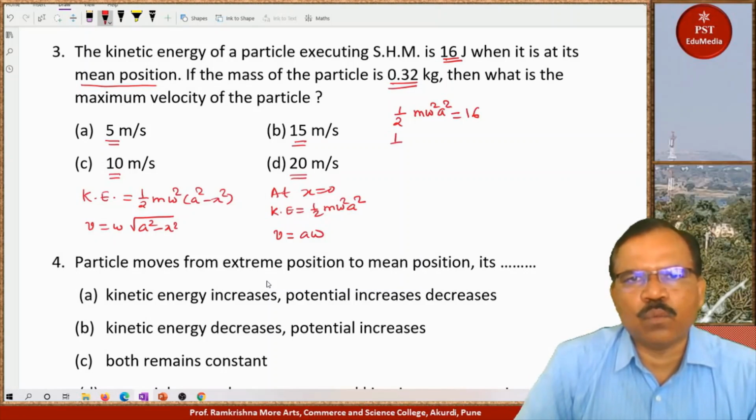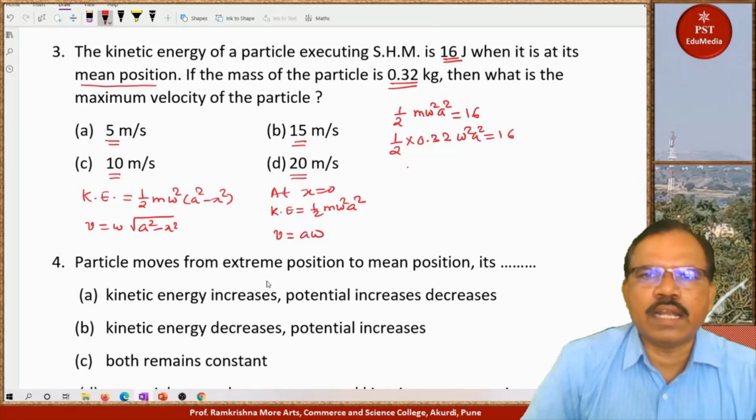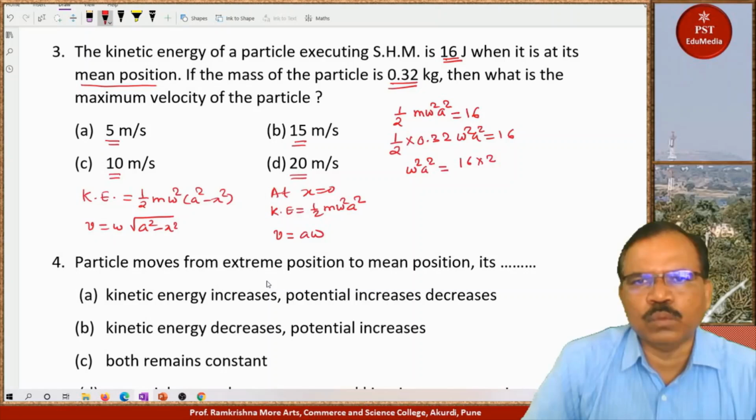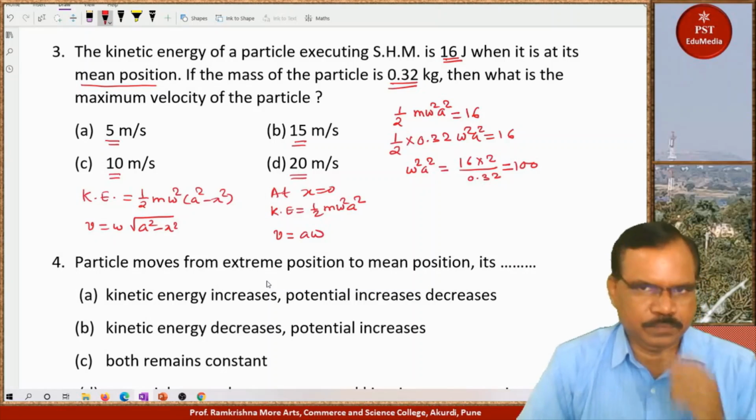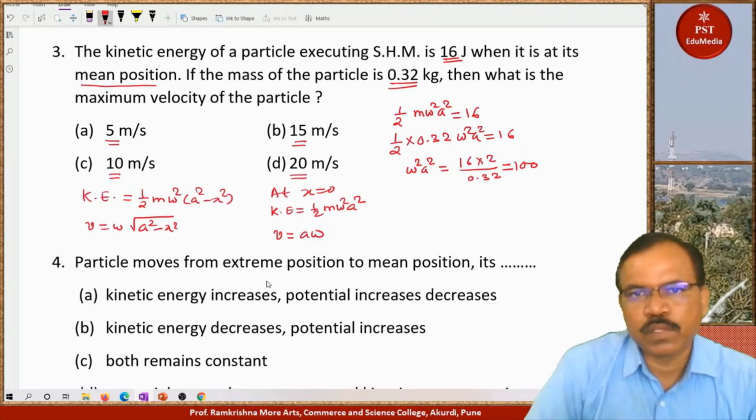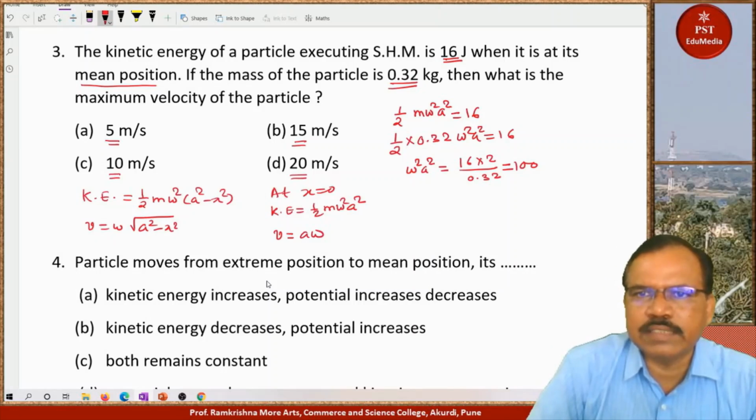So I can write 1 half into 0.32 omega square a square is equal to 16. So omega square a square is equal to 16 into 2 divided by 0.32. So 32 by 0.32 comes out to be 100. So omega square a square is 100.